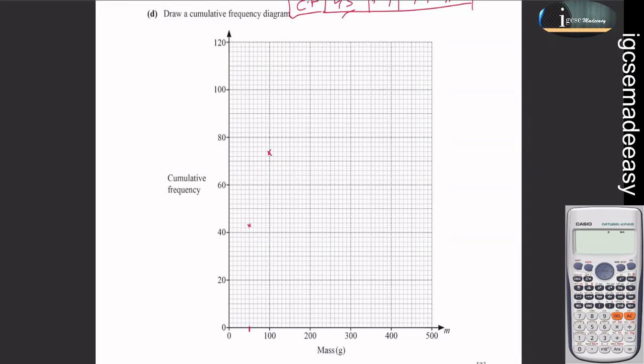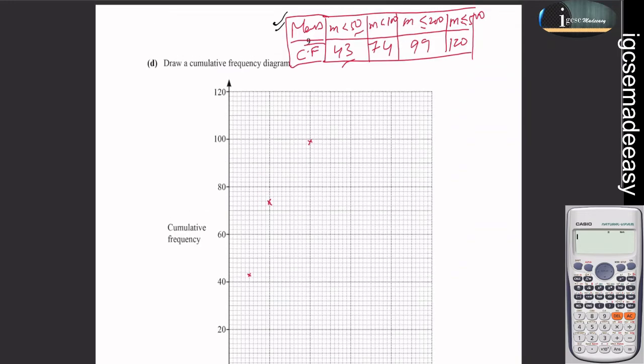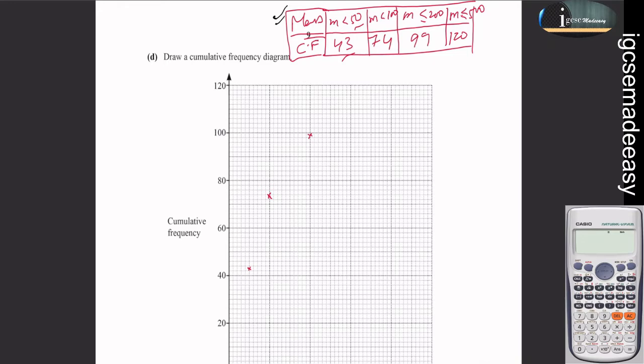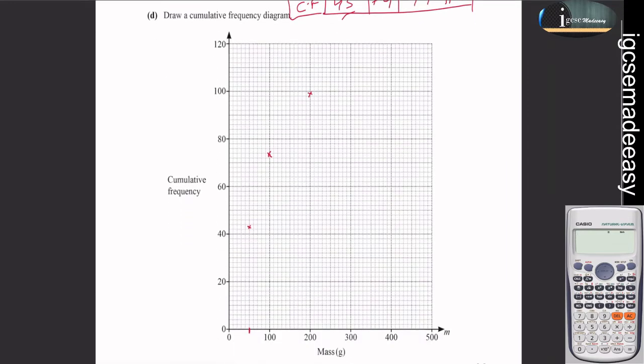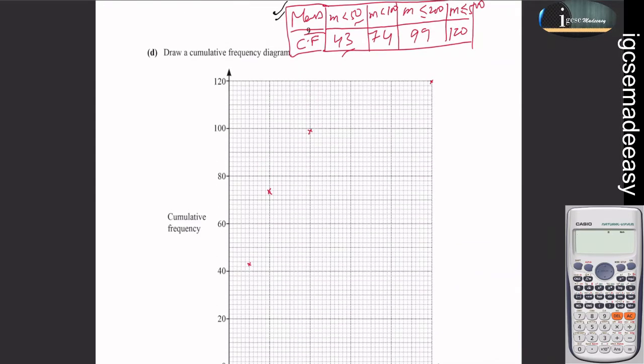You have to draw it a little nicely. This one is a diagram. Then we have 500 and 120. So 500 and 120 is here. Now we are going to join these points using a smooth line. I'll try to make it a little smoother, but you have to make it nicely.